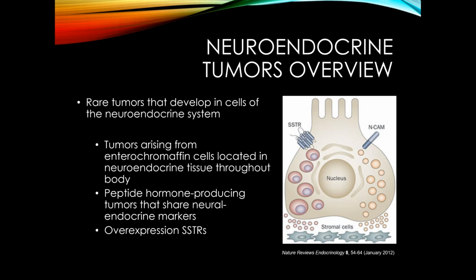Neuroendocrine tissue is seen everywhere in the body, and the tumors can arise in different places. Neuroendocrine tissue has peptide hormone producing ability, and these tumors also have the peptide hormone producing ability. In fact, these neuroendocrine tumors overexpress somatostatin receptors, and that makes it key in the nuclear medicine component of the evaluation.